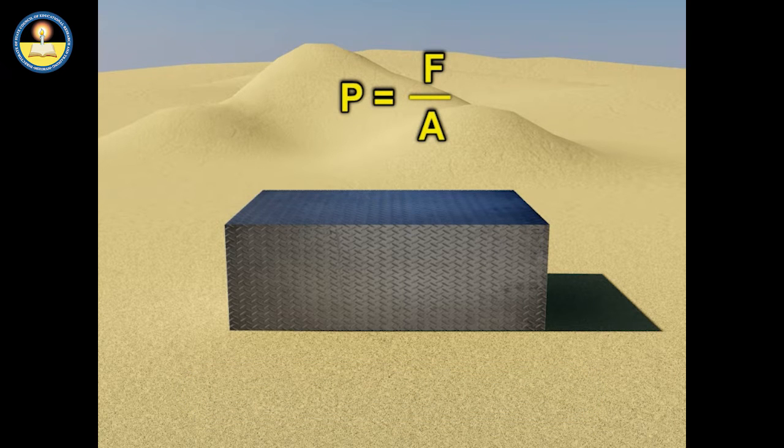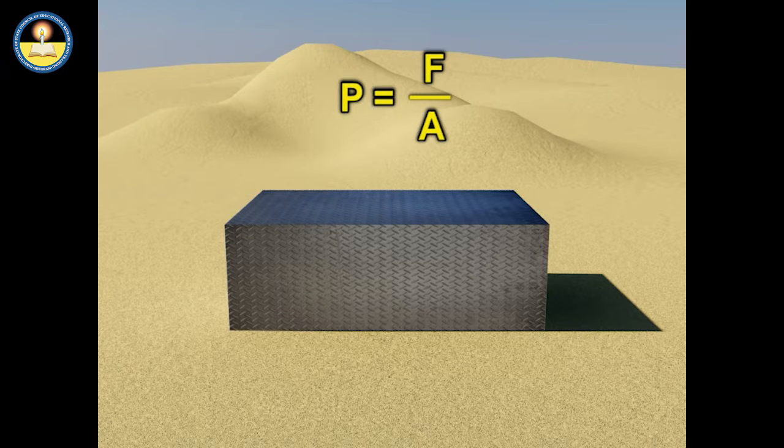Do you know why? Here, F appearing in the numerator is the component of the force normal to the area under consideration, and thereby not a vector force. That is why pressure is a scalar quantity.